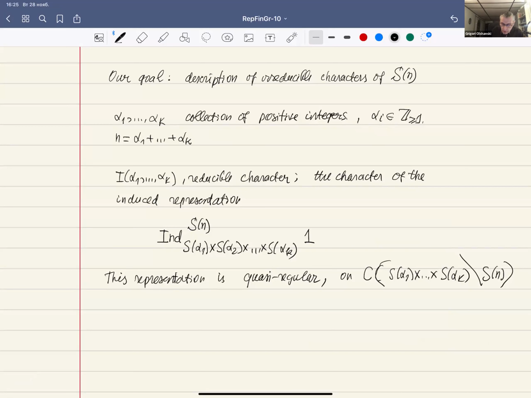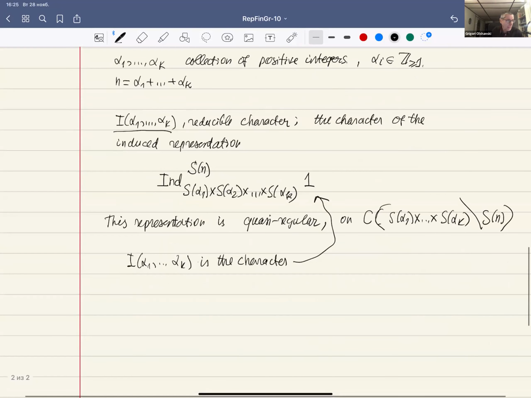So this is my notation for its character, the character of this representation. And next, let's slightly generalize this definition, a slight extension.